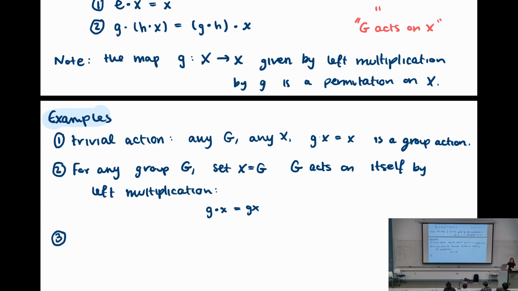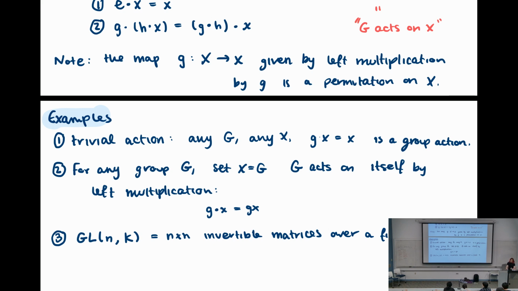Okay, maybe a more familiar one. How about the general linear group, which I'll remind you what this is because we haven't really dealt with this at all. So this is n by n invertible matrices over a field K. So if you like, you could take K to be the complex numbers or the real numbers.